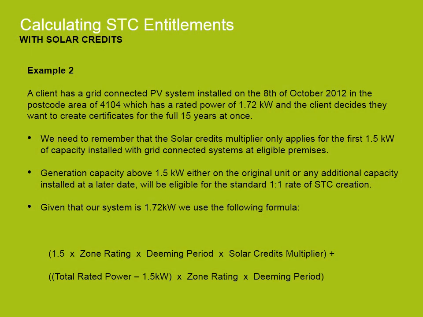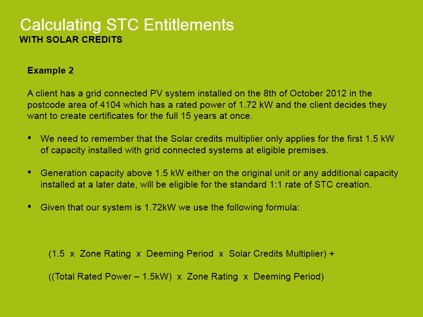We need to remember that the solar credits multiplier only applies for the first 1.5 kilowatts of capacity installed with grid-connected systems at eligible premises. Generation capacity above 1.5 kilowatts, either on the original unit or any additional capacity installed at a later date, will be eligible for the standard 1-to-1 rate of STC creation.